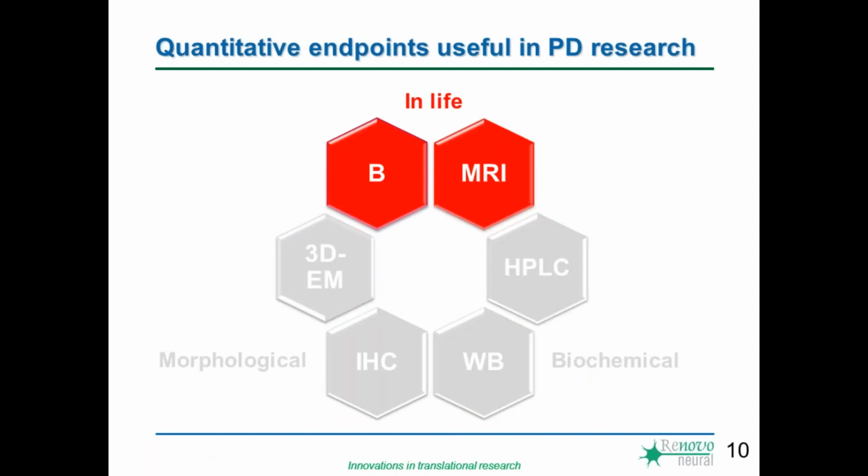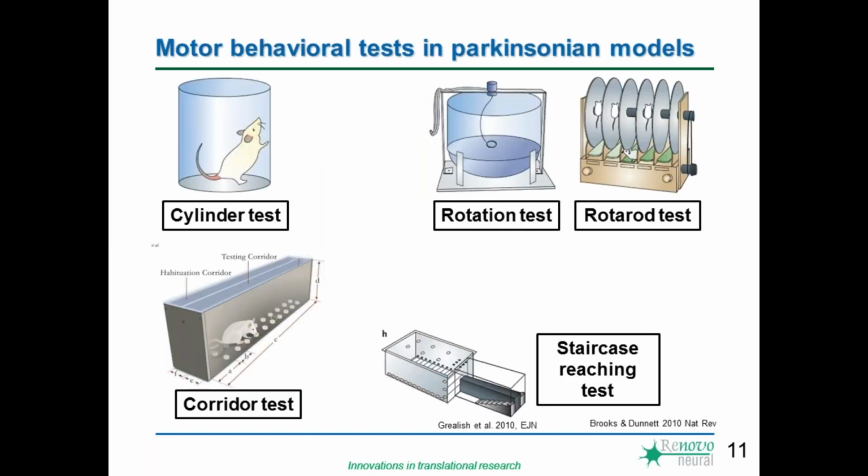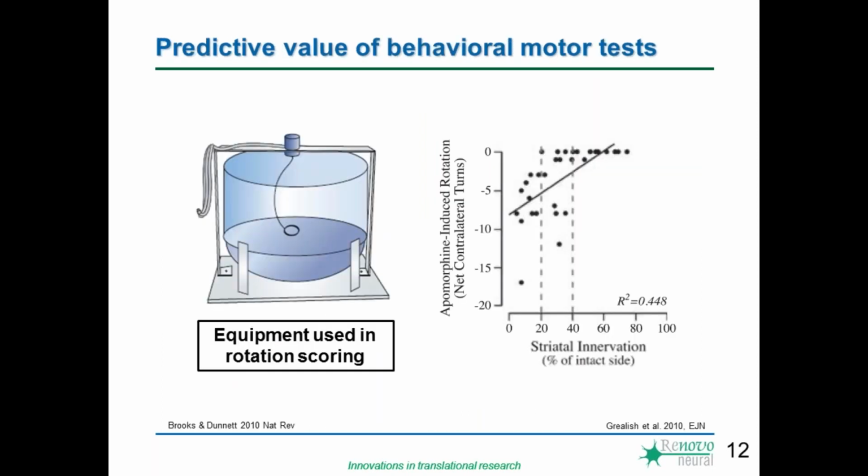are a very helpful tool in preclinical drug testing in PD because of their predictive value. Without having to sacrifice an animal, one can have an idea about pathology progression. While there is a variety of motor and non-motor tests to choose from, historically, especially useful behavioral tests were ones that measured dopamine-induced motor deficits. Here, for example, the rotations in apomorphine-induced rotation tests were measured after unilateral nigral 6-OHDA lesion.